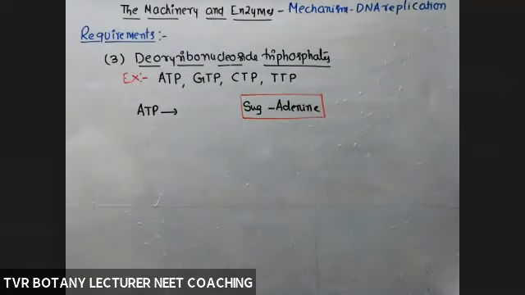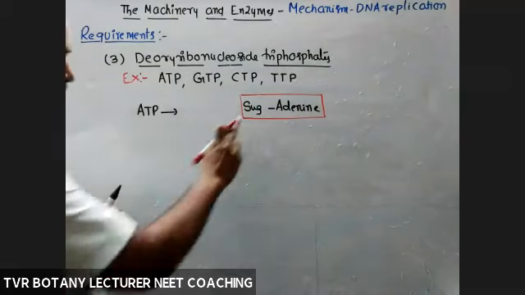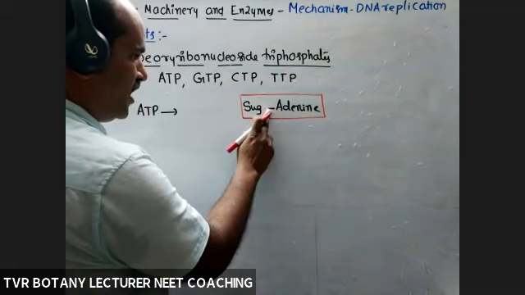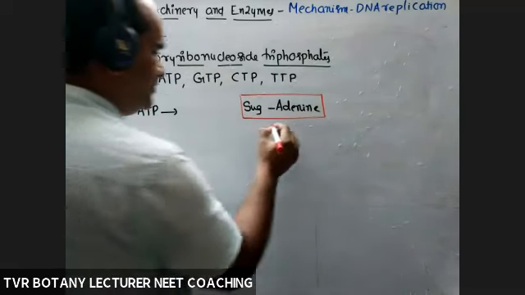So like that, you should read and command the textbook. Micro level reading of the textbook is very, very important. The bond present between these two is known as the N-glycosidic bond.